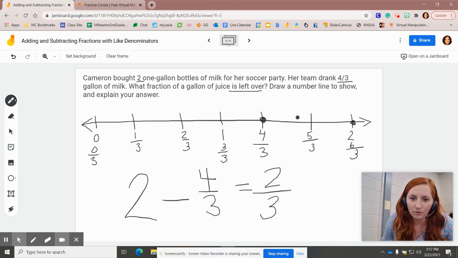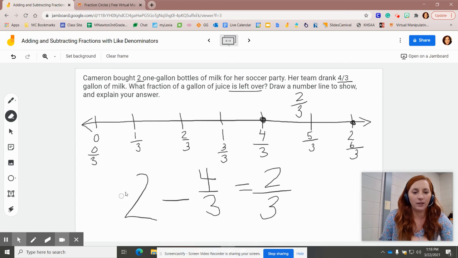An easier way to do this would be just to subtract, like we just worked on. So we have 2 wholes minus 4/3. Well, how can we change 2 wholes into an improper fraction? You have to think, what number divided by 3 gets you 2? Very good. If you said 6, you're correct.